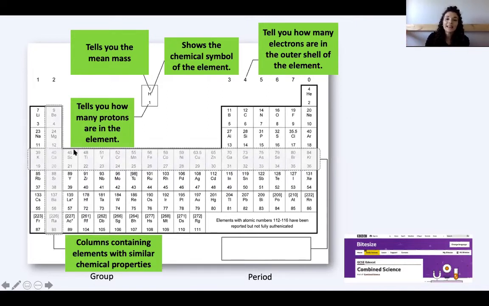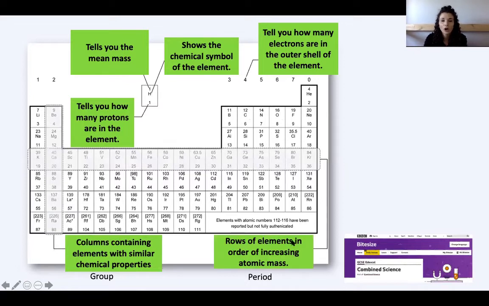These elements here in the middle that don't have a number on top of them are the transition metals, so they're all the metals there. And then groups 1, 2, 3, 4, 5, 6, 7 and 0, which confusingly is sometimes called group 8 because these atoms have 8 electrons in their outer shell.